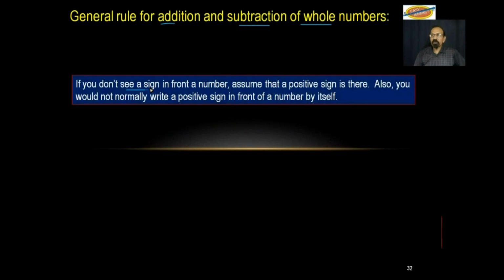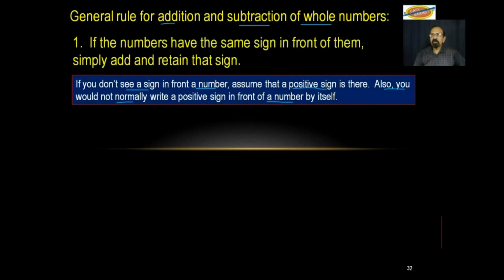Now, the general rule for addition and subtraction of whole numbers, recall that if you don't see a sign in front of a number, assume that there is a positive sign there. Also, you would not normally write a positive sign in front of a number by itself if it should have a positive sign.